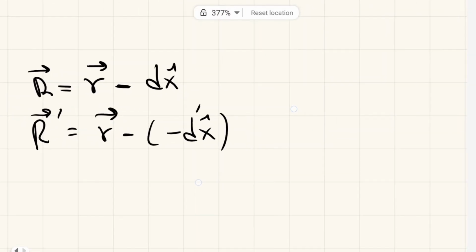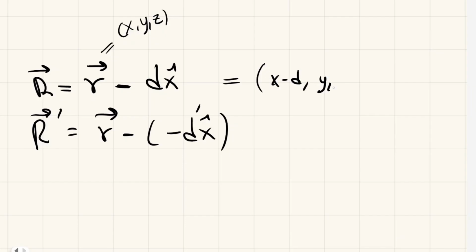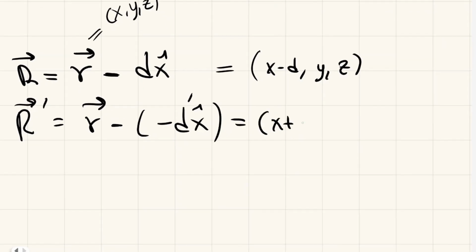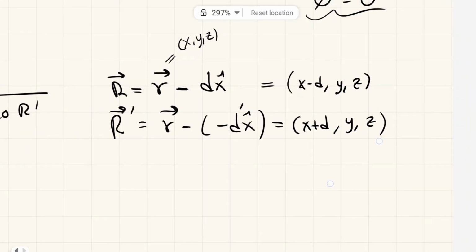So this means that R can be defined, and looking at little r equal to x comma y comma z, R is going to be x minus d comma y comma z, and R prime is going to be x plus d prime comma y comma z, okay?